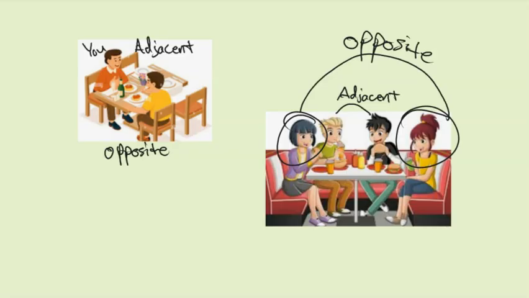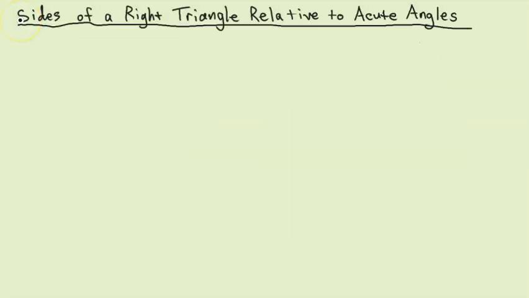The reason I'm reviewing these two words, adjacent and opposite, is because we are going to use that concept in referring to the legs of a right triangle as compared to the angle of a right triangle. What we're going to talk about are the sides of a right triangle relative, here's the key, relative to the acute angles.